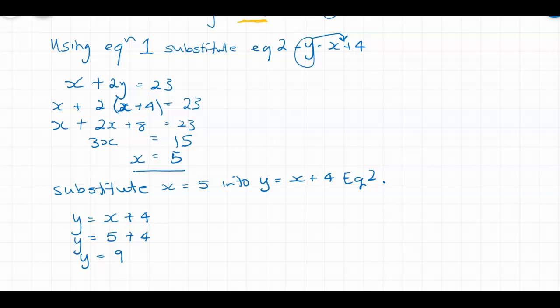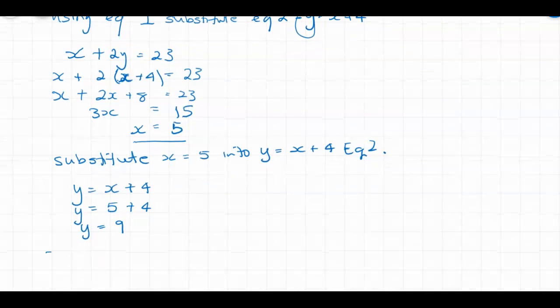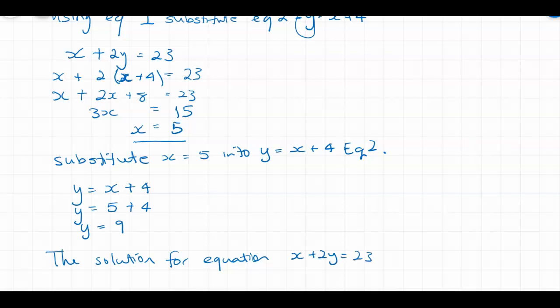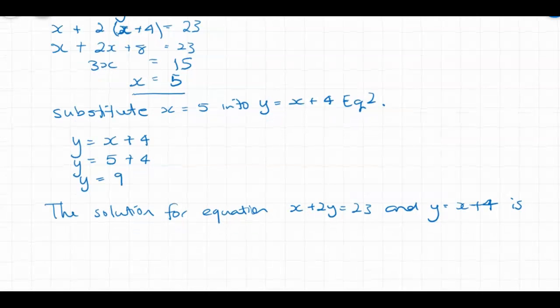Now, I do need to check. So, sorry, go back. The most important part, the solution for equations x plus 2y equals 23 and y equals x plus 4 is that combination: 5 and 9.